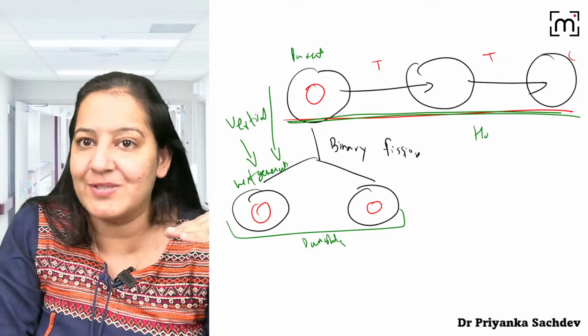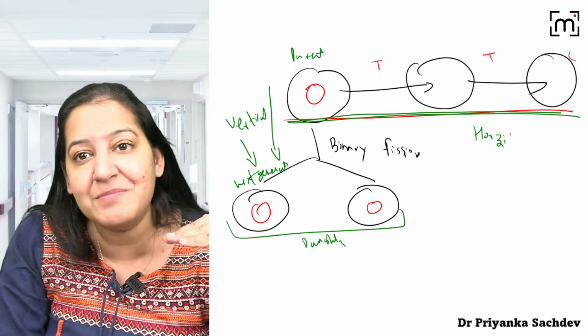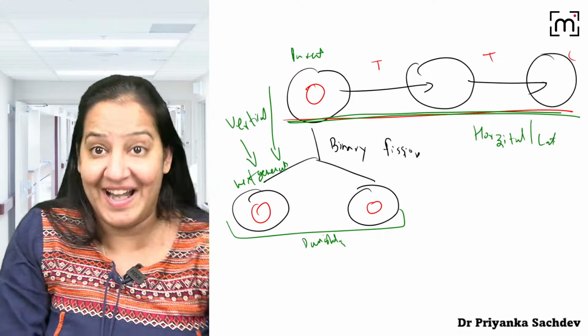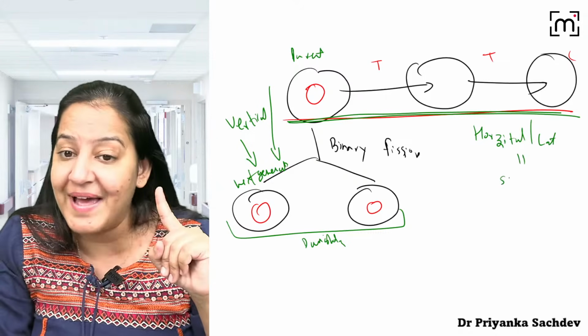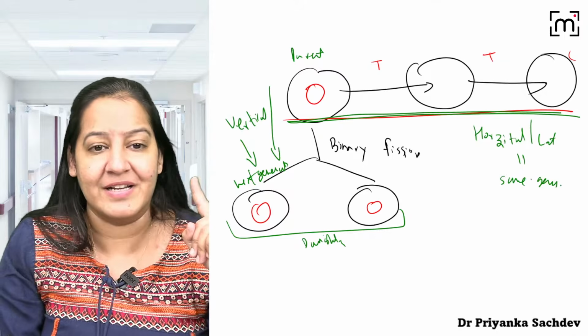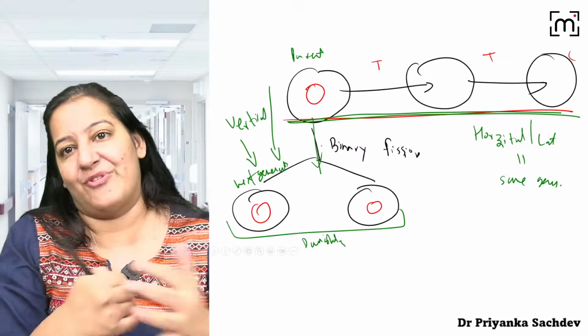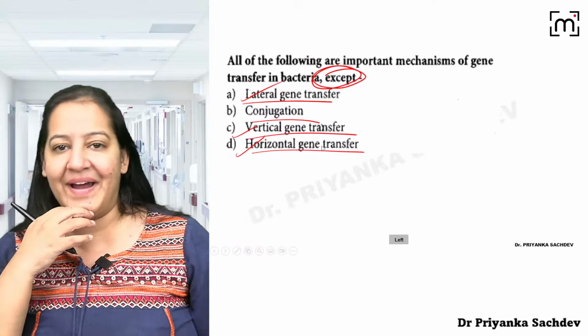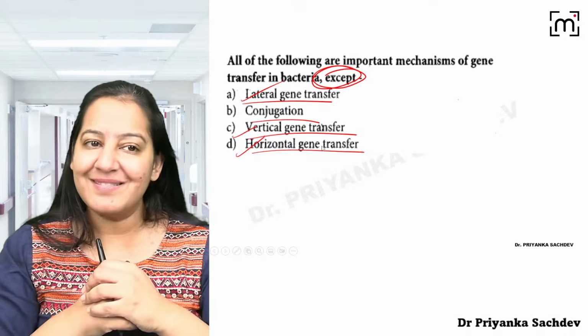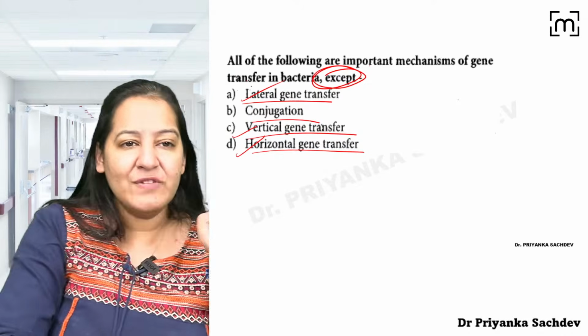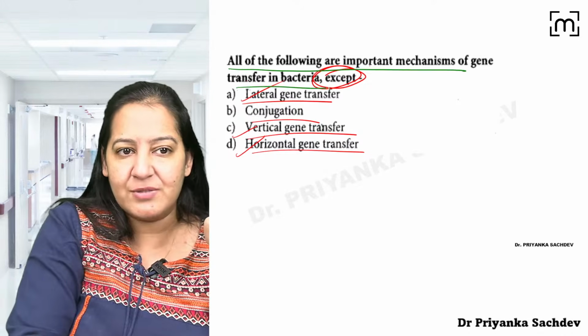So this is known as horizontal. Horizontal and lateral mean same generation, and vertical means next generation. Give me a thumbs up if you got it. I tried hard. So now read the question and tell me the answer. All of the following are important methods of gene transfer except.